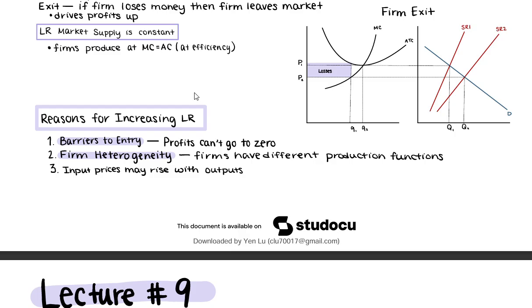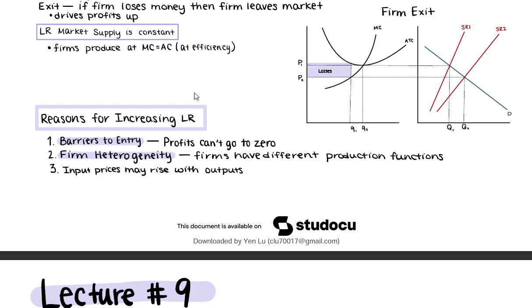Number two is firm heterogeneity. That is, firms have different production functions, even if they produce the same kind of thing, such as rice or shampoo. There are different types of shampoo you can choose, so firms are not exactly identical.